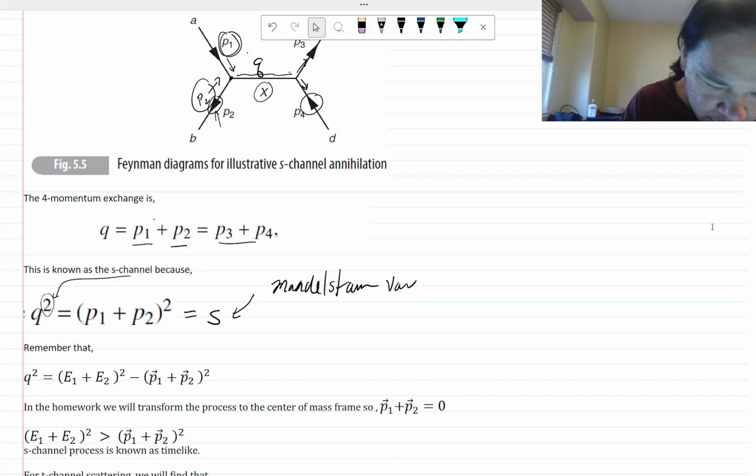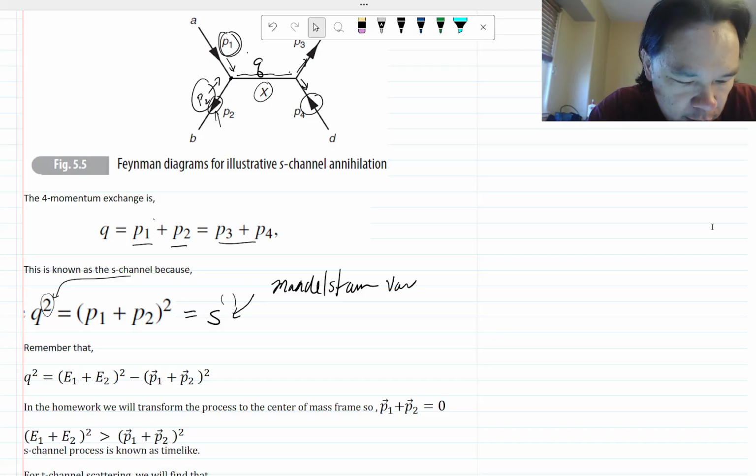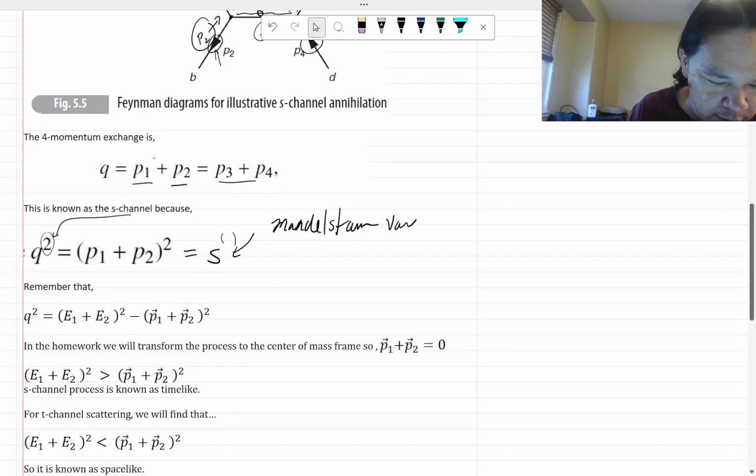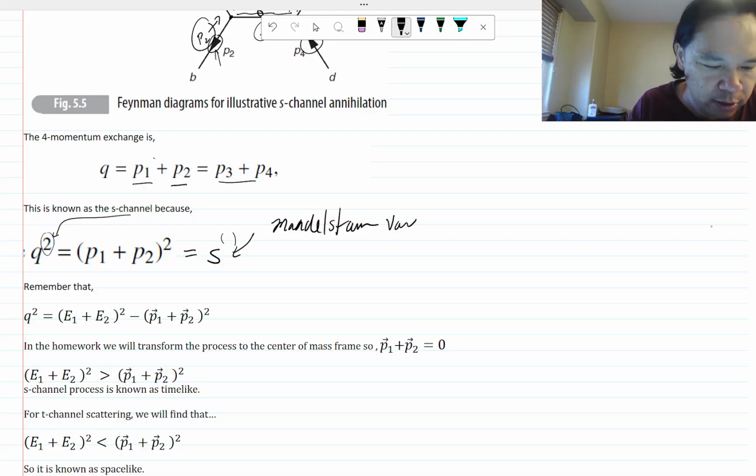I remember some people on the exam having trouble with this, saying that S is equal to Q. S is actually equal to Q squared. Unfortunately, Q and S don't have the same units. S has units of GeV squared. We're going to go through a little bit of exercise just to remind everyone how these Mandelstam variables work, because they're going to come in very useful as we do calculations later.